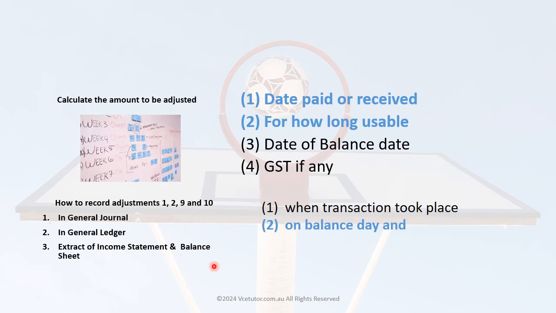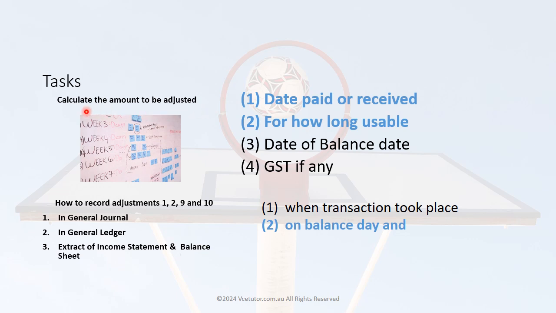We have also seen this slide of a task from VCE Unit 4 Accounting. What they want is for the student to show they can calculate the amount of prepaid and accrued.